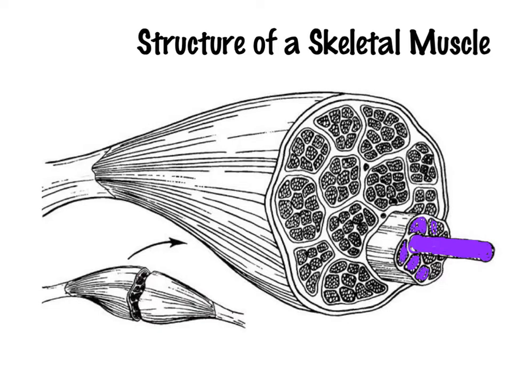Or if I wanted to get real fancy, I could even go over to this other side of the muscle and color those in as well. You can see they bundle up or build up to something bigger. But everything that we've done purple is a muscle fiber or a muscle cell.